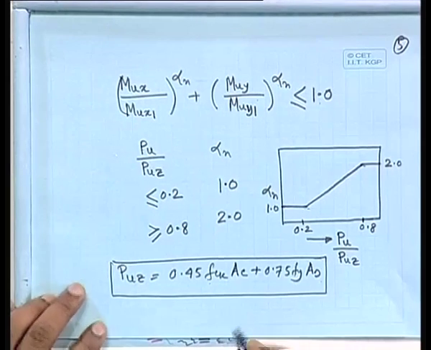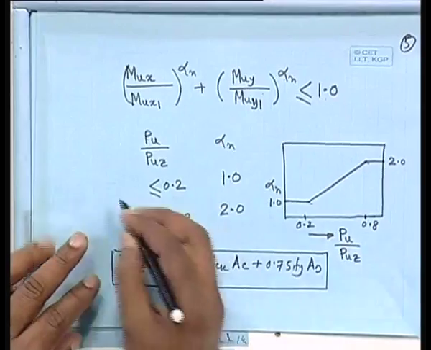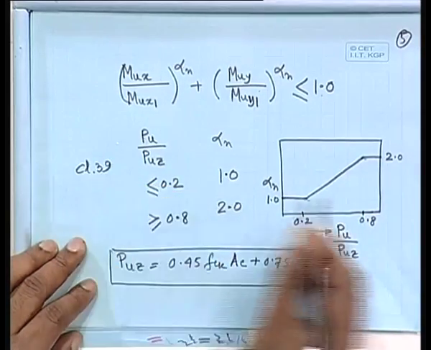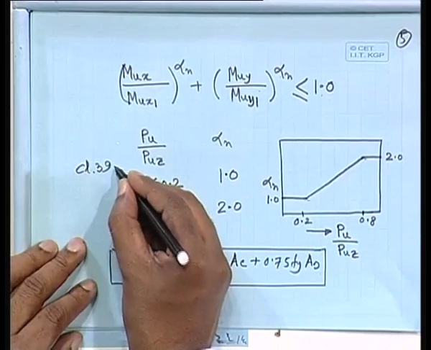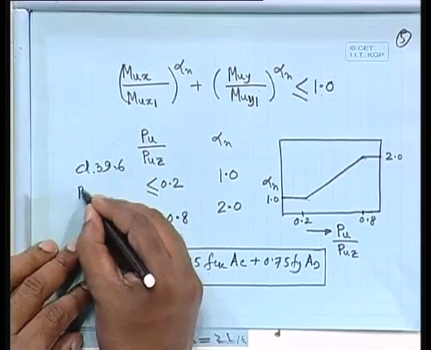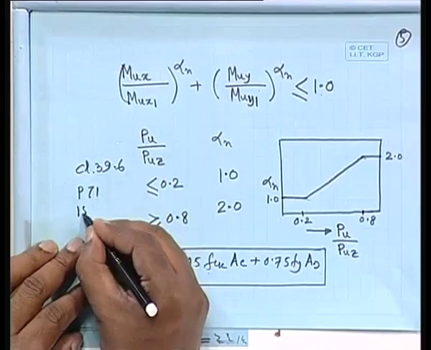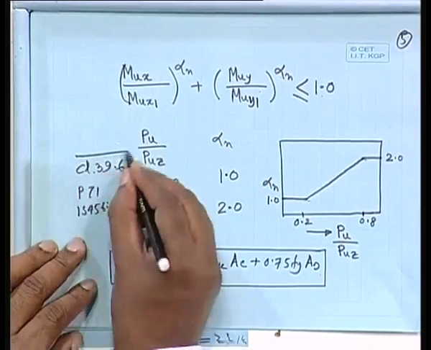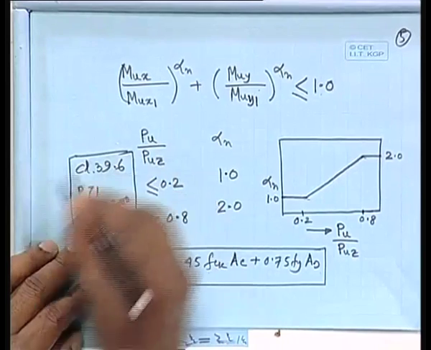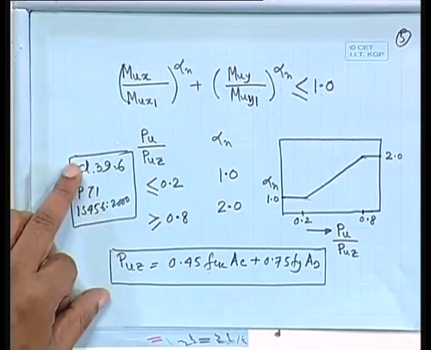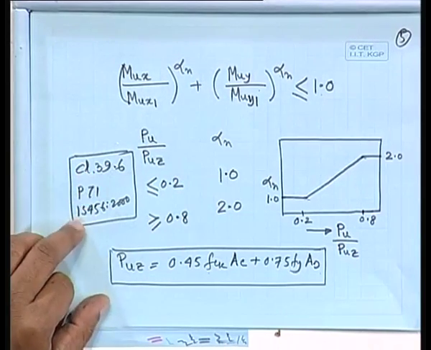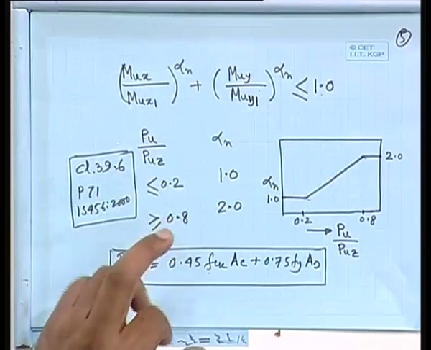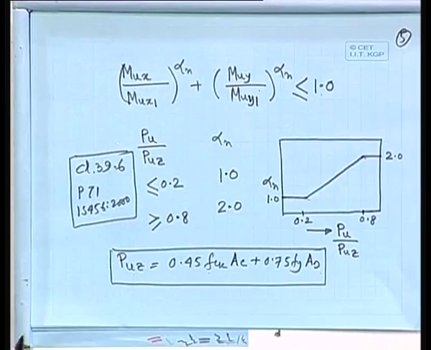You will get it in the last clause, clause 39.6, page 71 of IS 456:2000. So please note this clause 39.6, page 71, IS 456 2000, where you will get whatever I have told about this particular one.